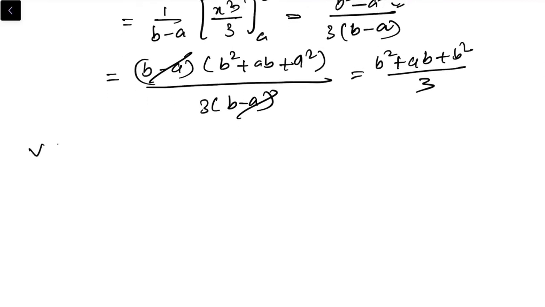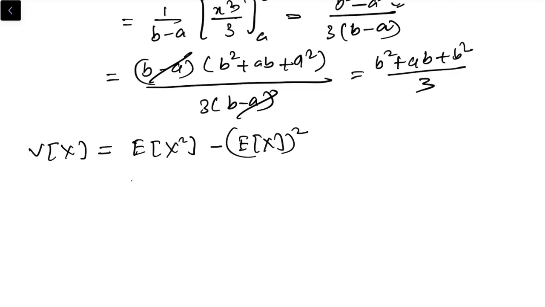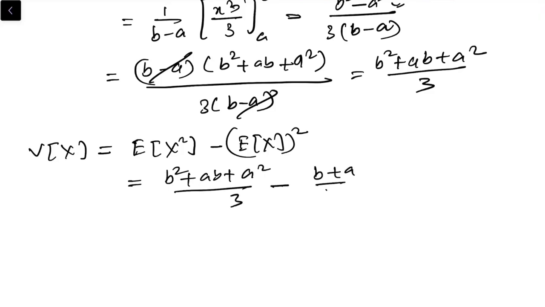Now the variance of x is the expectation of x squared minus the square of the expectation of x. So this is b squared plus ab plus a squared divided by 3, minus b plus a divided by 2, whole squared.